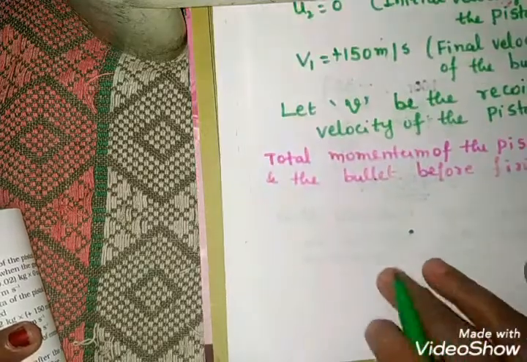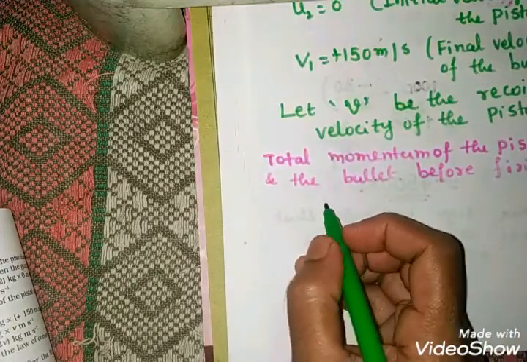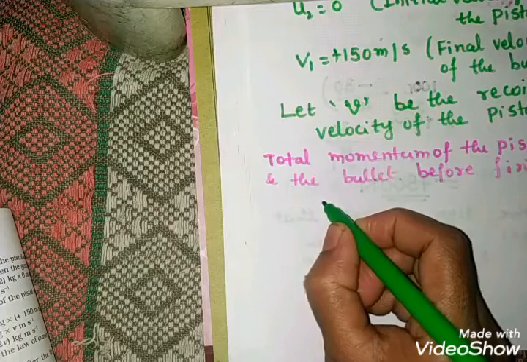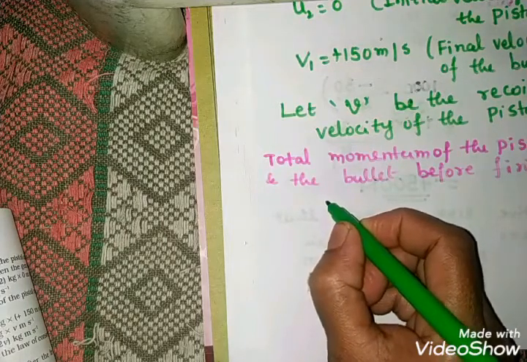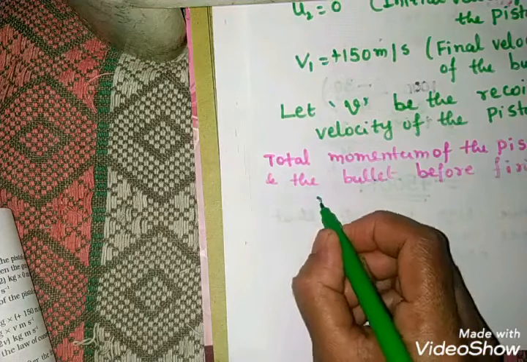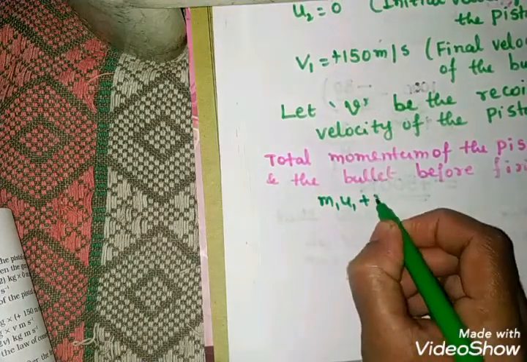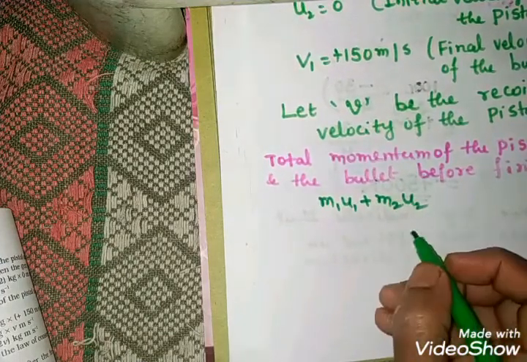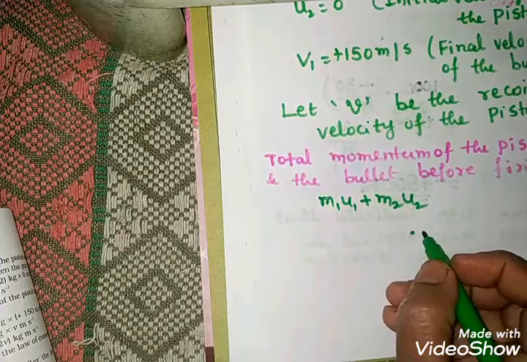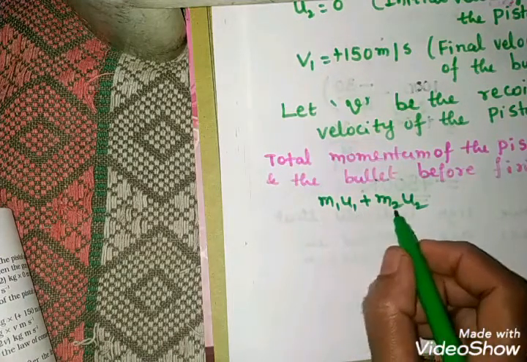See here, children. The momentum before the reaction is M1 U1 plus M2 U2. This we discussed in the lesson, isn't it? M1 U1 plus M2 U2.